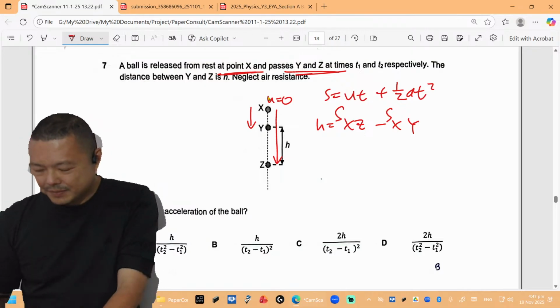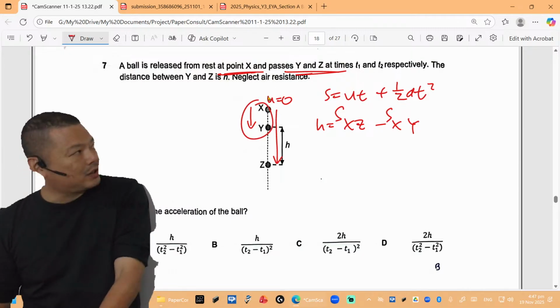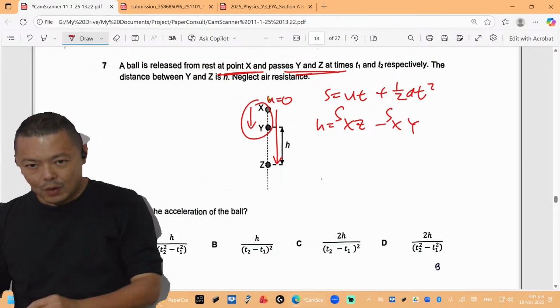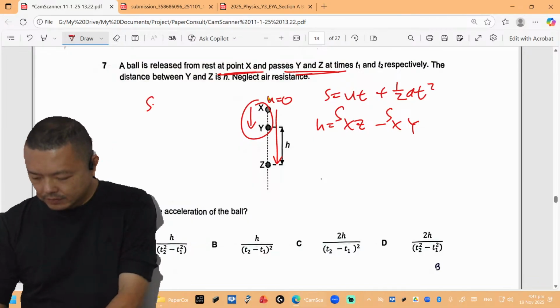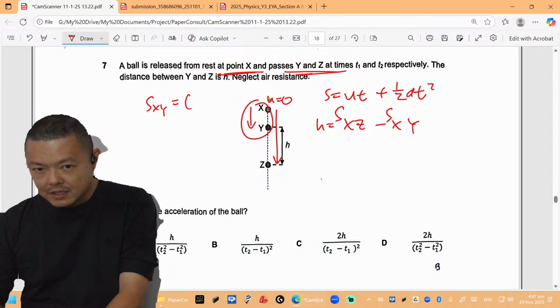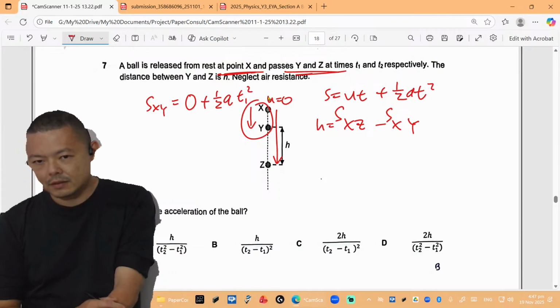Okay so far? Now s of xy. Let's work on this one first. What's the distance traveled from x to y? 0 plus half a t1 squared.